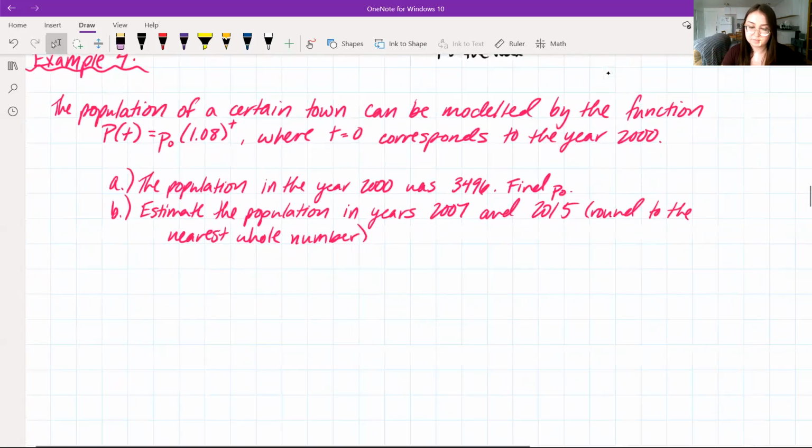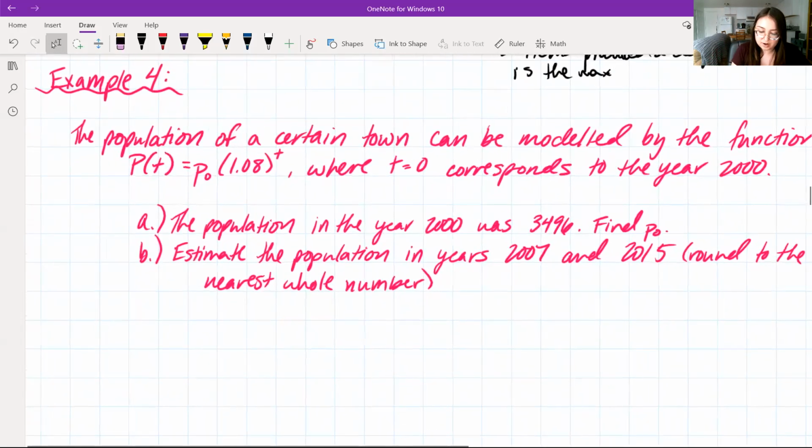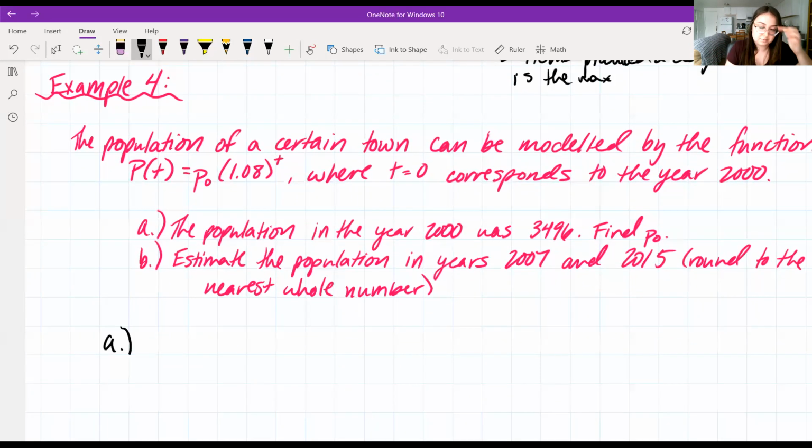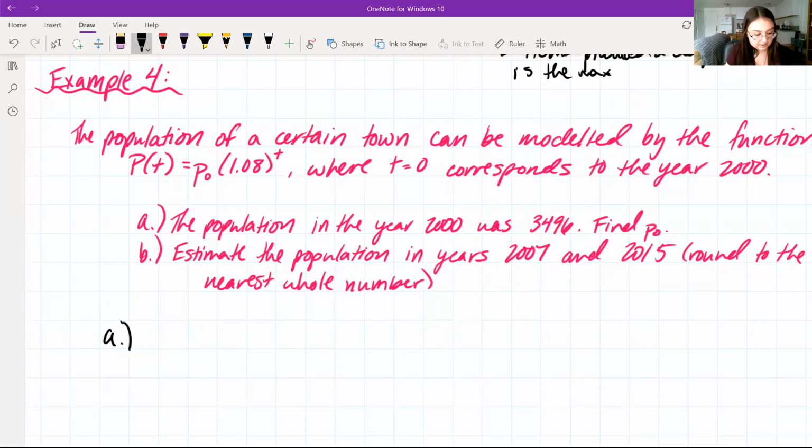So, starting with part A, we see here that the year 2000 is equal to t equal to 0.